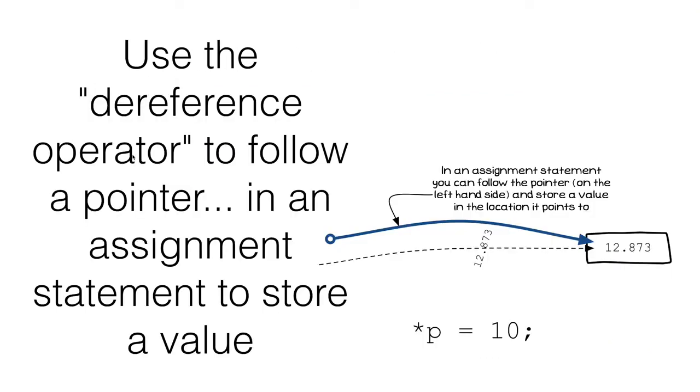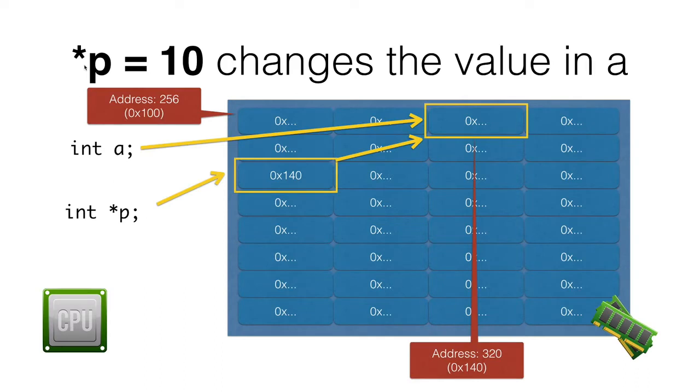Similarly, we can put that dereference operator on the left-hand side of an assignment. That means that this becomes the destination where we store the value. It's the same thing. Follow the pointer and store the value at that location. In this case, if I did star p equals 10, then that would mean read the value of p, which is 0x140, follow that pointer, go to that location in memory, that's this location here, and store the value 10 there.